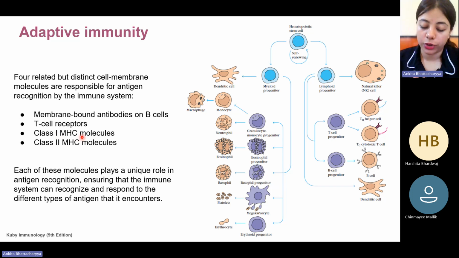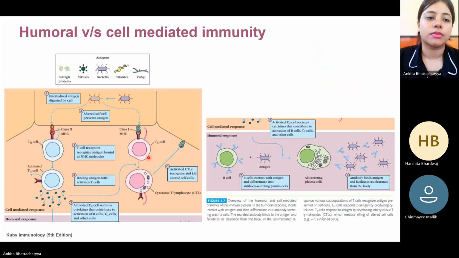All of which altogether at the end of the day are serving the same purpose, that anything which is foreign to the body is properly recognized, and in response there is an appropriate reaction which helps in removal of that pathogen. In addition, that removal should be accompanied by a memory as well, so that in case of future infection, a response can be elicited to quickly clear it out from the system. So that is the overall idea which is sustained by adaptive immunity.